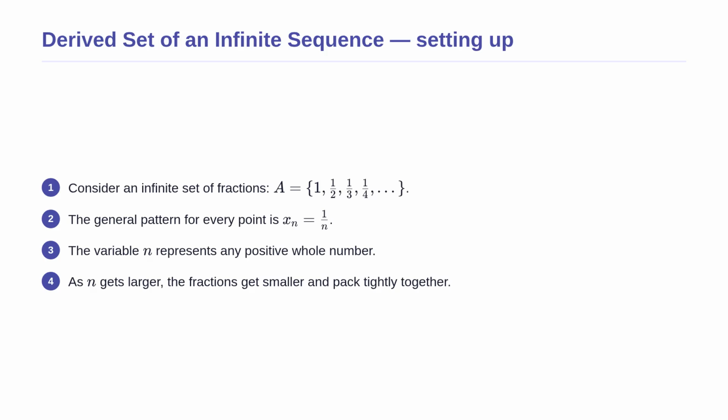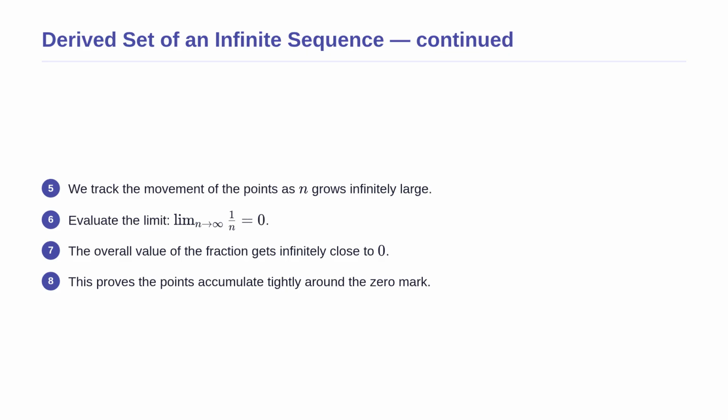We can write the general pattern for every single point as 1 divided by n, where n is a positive whole number. As we plug in larger and larger whole numbers for n, the resulting fraction shrinks. This means the points are packing tightly together in a specific region. To identify the exact location where this infinite crowding occurs, we evaluate what happens to our fractions as n grows infinitely large.